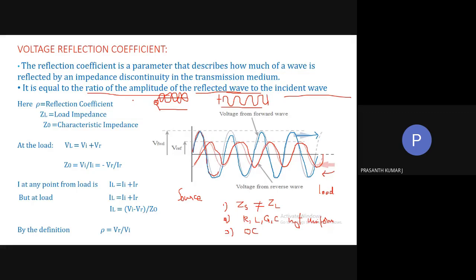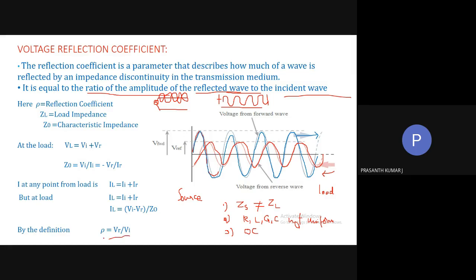If you take the voltage, it consists of the incident wave and the reflected wave. So how can you define reflection coefficient? It is the ratio of the amplitude of the reflected wave to the incident wave. So now it can be written as VR by VI.